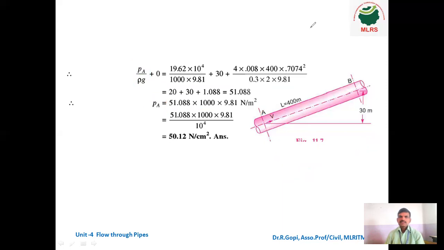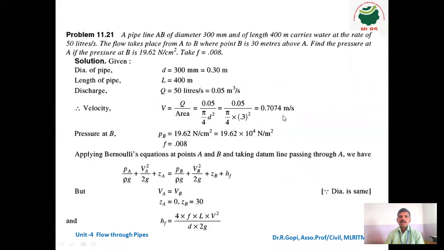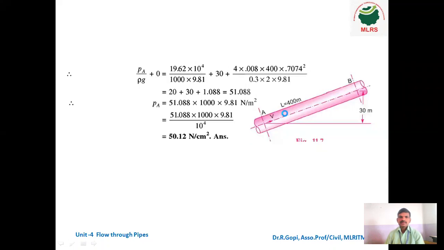Okay, students, this is a very simple problem and easy to understand. Up to this problem, major losses and minor losses problems are over. The chapter is over. I hope all of you understand major losses and minor losses.